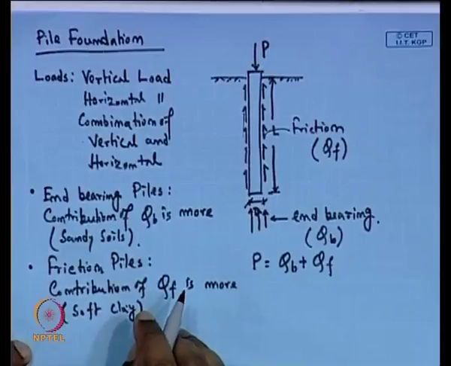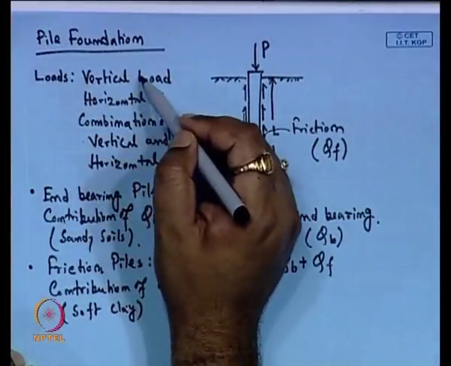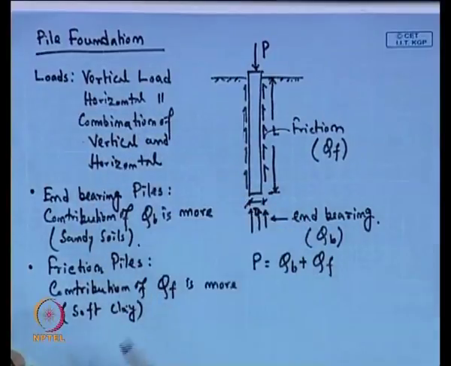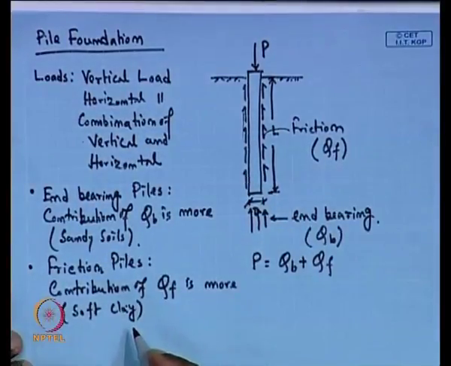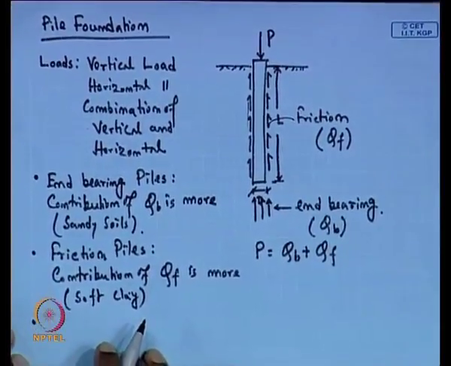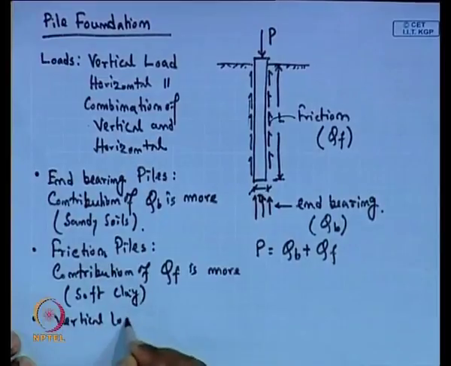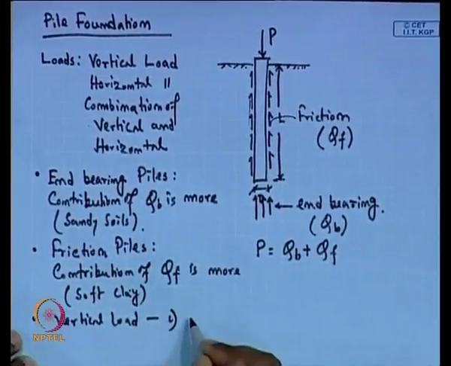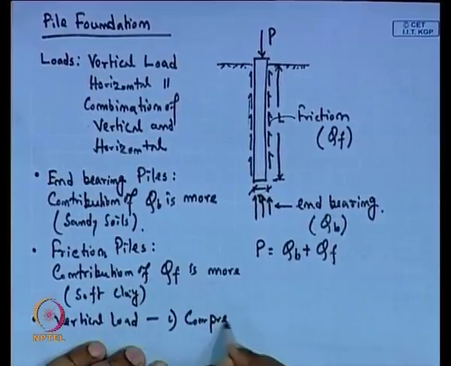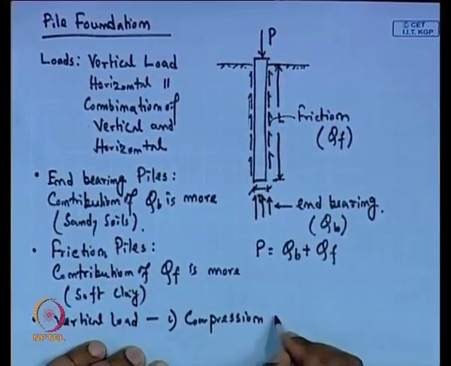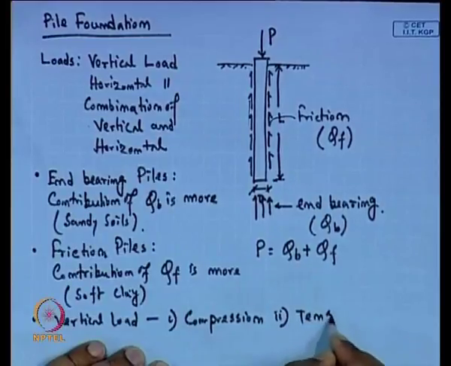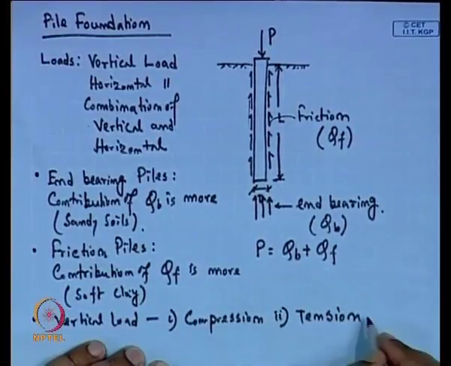Now, depending upon the different types of loading, as I was discussing about the vertical loading, horizontal loading and combination of vertical and horizontal loadings, we can classify piles into different types. Generally, a pile is used to resist the compression load. So, one is your compression pile. For vertical load, that can be two types: one is compression, another is tension or uplift.